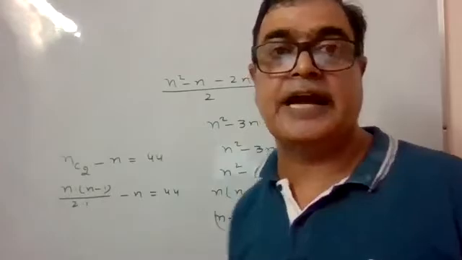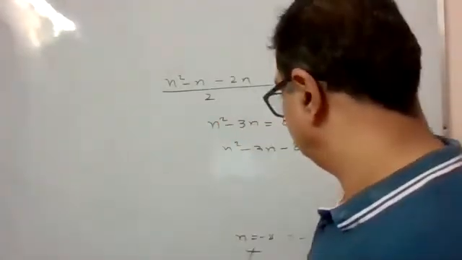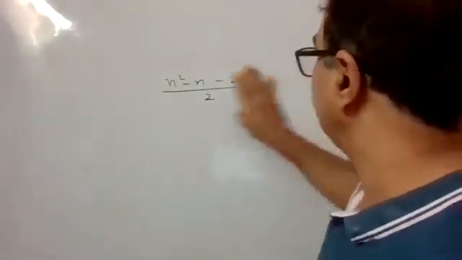How many chords can be drawn through 21 points on a circle? 21C2. 21 points on the circle. 21 points are there on the circle.